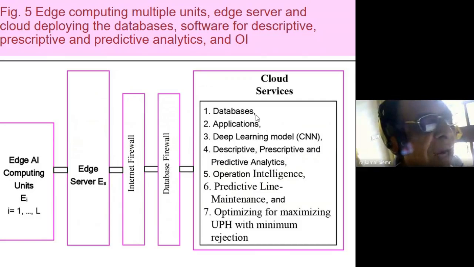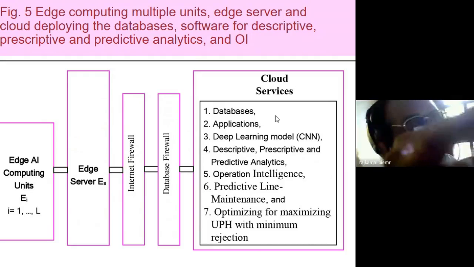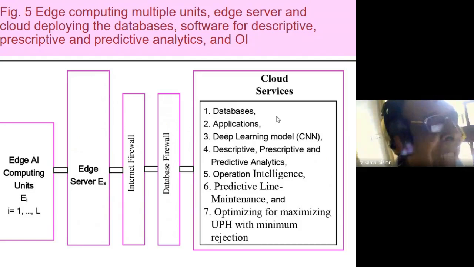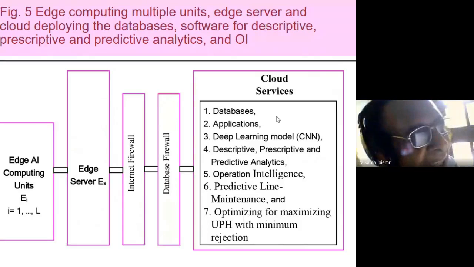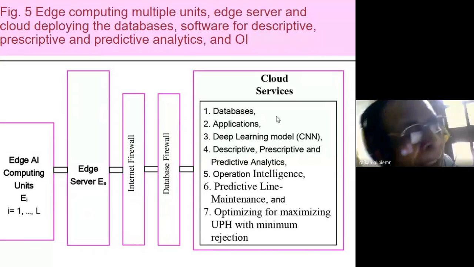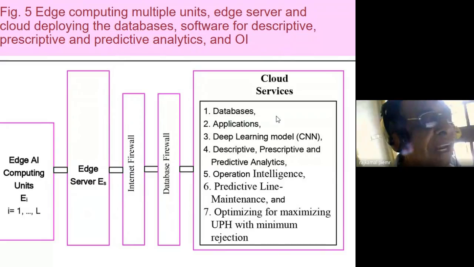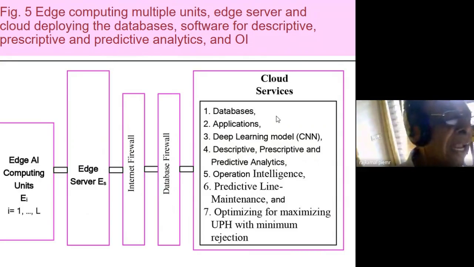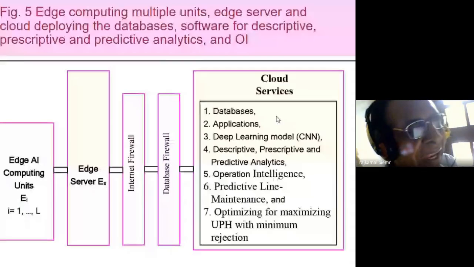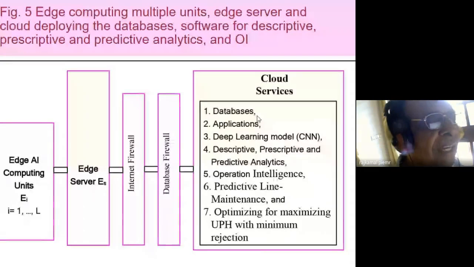So databases are a must, where databases will have the data of the assembly line functions. The database will also have the data of the time taken from one assembly stage to another stage, to see whether there is any friction in the assembly function, because the edge unit was working only in real time operation, but detailed data analysis will tell me how to improve the operations and functions in the assembly line. So databases are one of the cloud services.